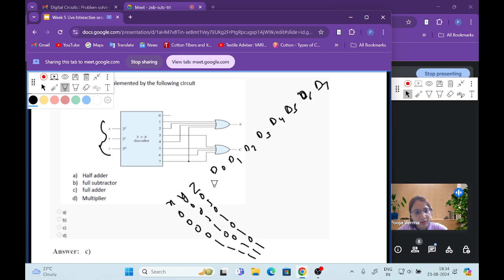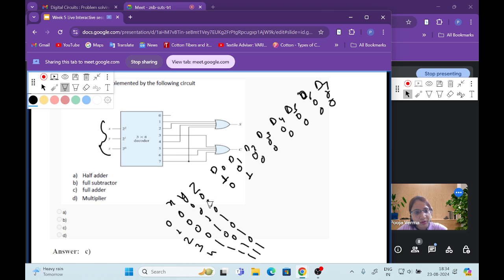Now for 0 0 0 only the output D0 will be activated, that will be high, and all others are 0, right? Similarly when we are giving 1, then D1 will be 1 and all others will be 0.